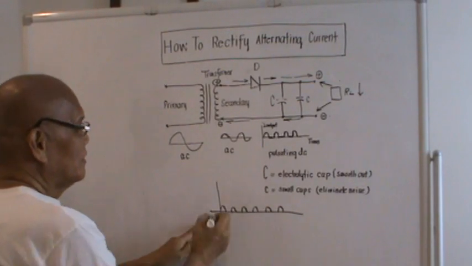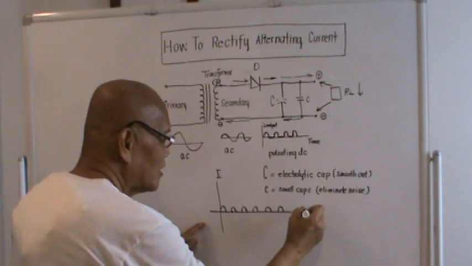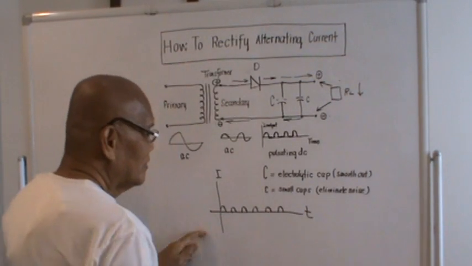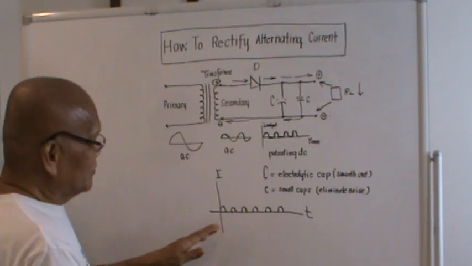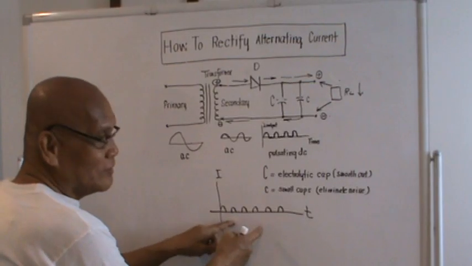You see it, guys? This is the current output, and this is time. So for a 60 Hertz, these graphs here are actually very big ones.